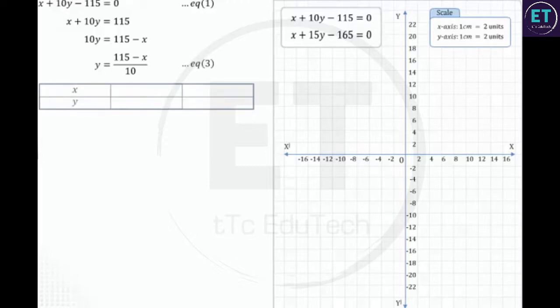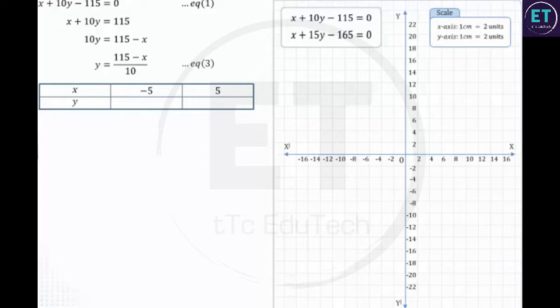Now, by taking values for x and substituting them in equation 3, we can obtain the corresponding values for y. In this case, we're taking the values of x as -5 and 5. You must be wondering why we have chosen these values. Adding and subtracting 5 will make the numerator divisible by the denominator. So, you will have to do a little bit of analysis before deciding the values you want to substitute.